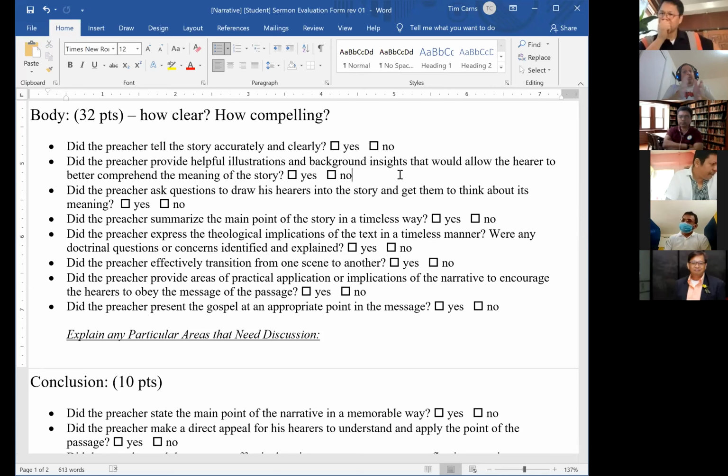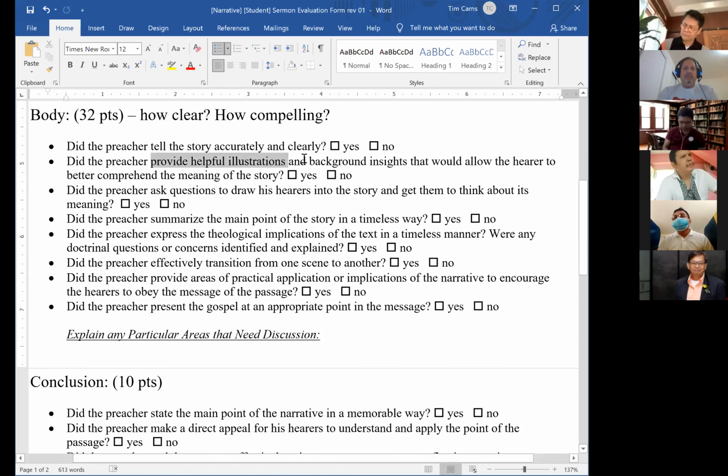So you might illustrate by explaining that sackcloth was a burlap material that wasn't clothing, but it demonstrated a person who was in great mourning or who felt very guilty. You would explain a little of that cultural practice. That's what I mean by helpful illustrations and background insights.